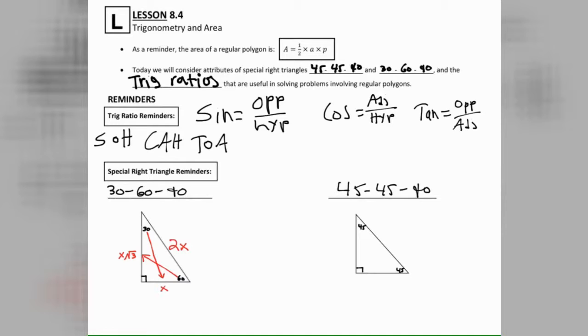So remember on a 45, 45, 90 right triangle, both of the legs are going to be the same measurement. So I'm going to represent both of those as x. Then to find the length of the hypotenuse, I'm going to multiply by the square root of 2. So this is going to help you here in a little bit whenever we work the examples, combining trigonometry and the area of a regular polygon.